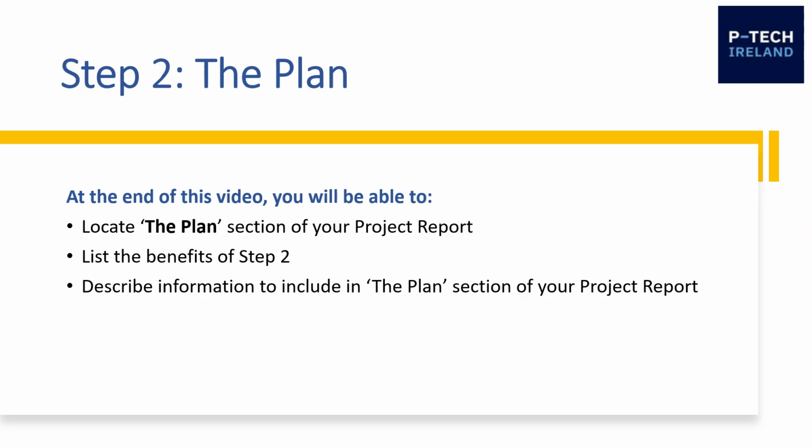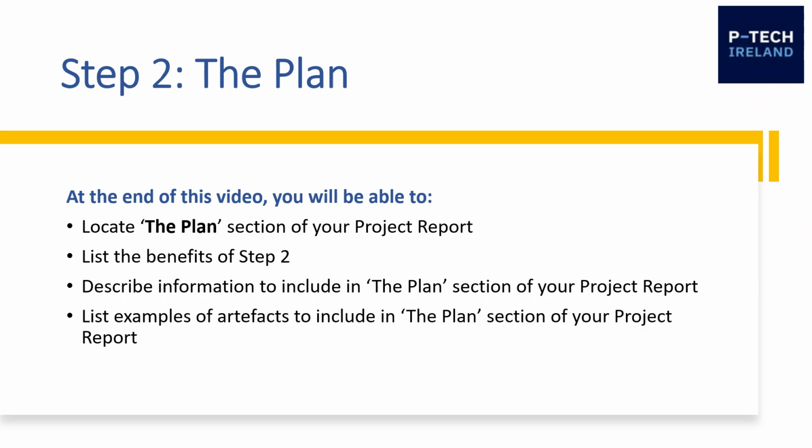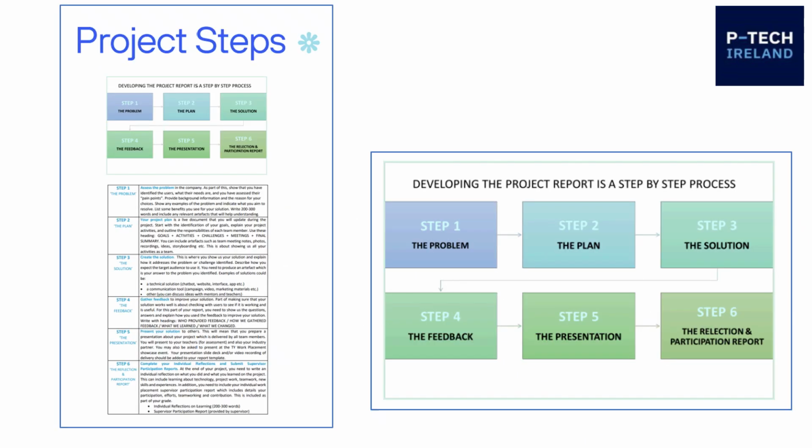Now, before we move on, here's a quick reminder that your project report template includes a brief description of the activities that you should be thinking about at every step of the project. And you can see that on screen now.